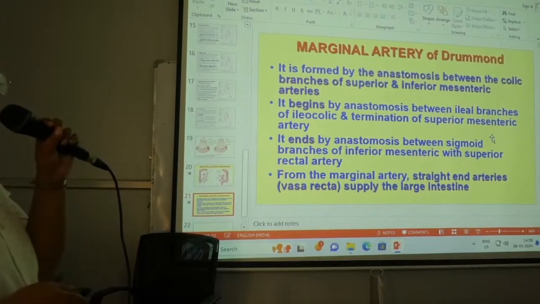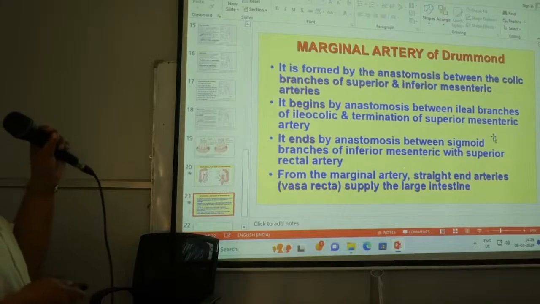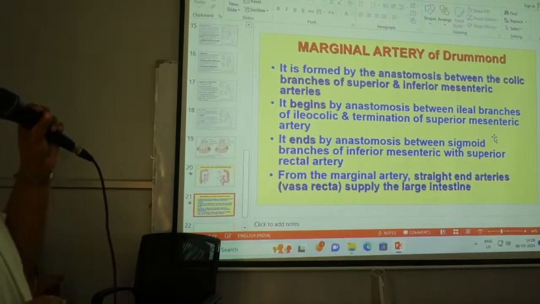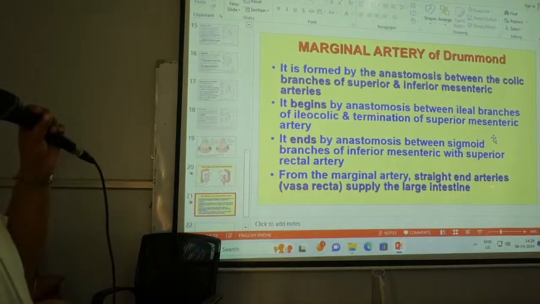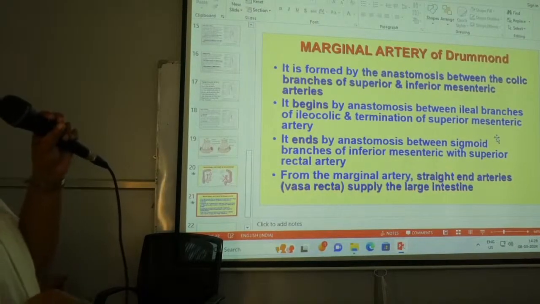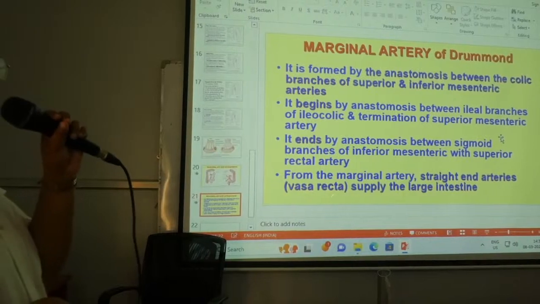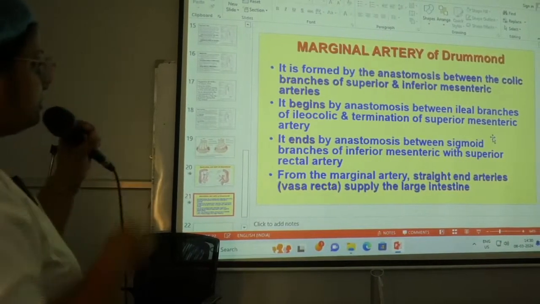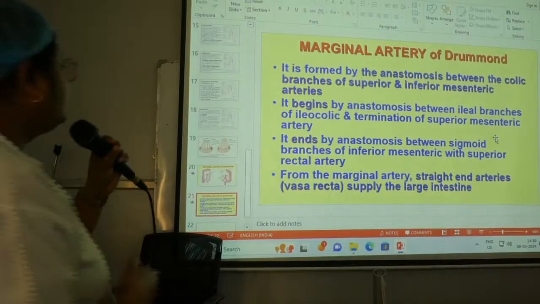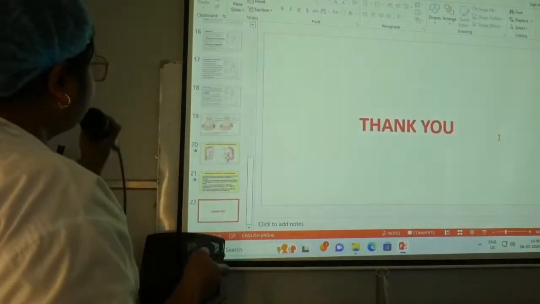Ends by anastomosis between the sigmoid branches of inferior mesenteric with the superior rectal artery. And from the marginal artery, straight end artery is known as vasa recta. Straight, that's why name is recta. Recta means straight. Okay. So vasa recta supply the large intestine. Next. Okay, that's all.